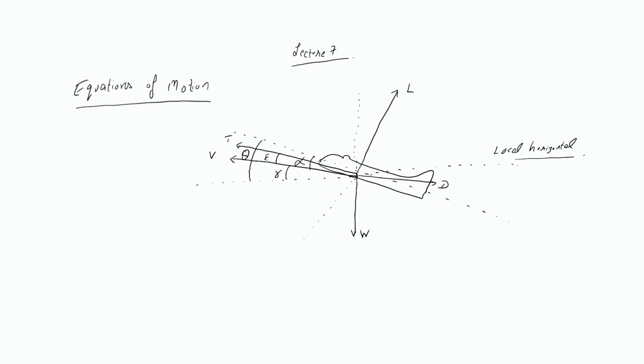All right, let me write down a few points over here so that it becomes easy for you to comprehend. Here we have lift L is perpendicular to flight path direction. Drag D is parallel to flight path direction.